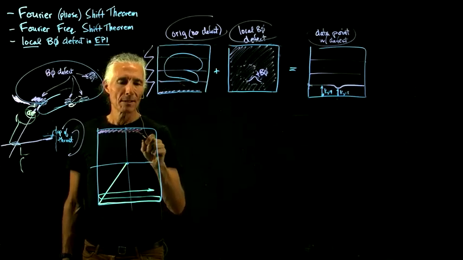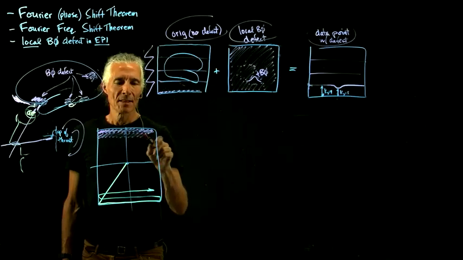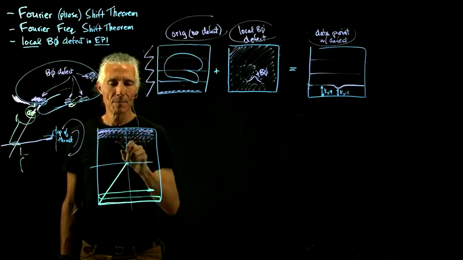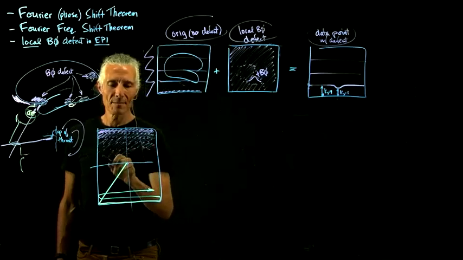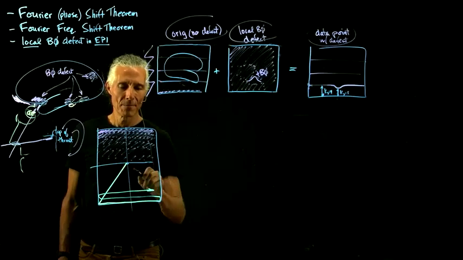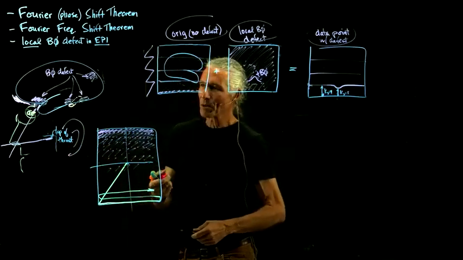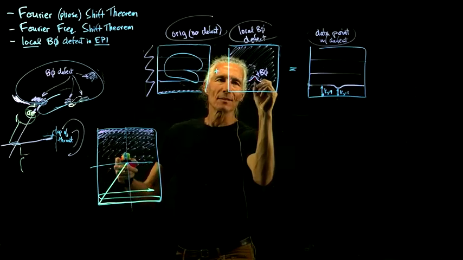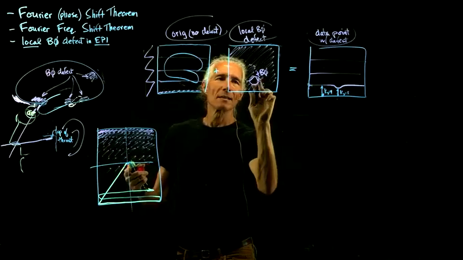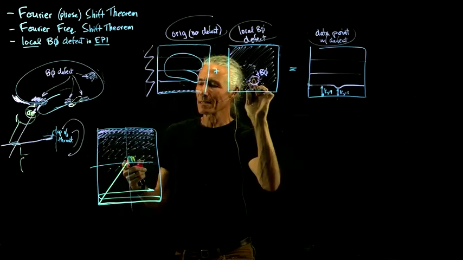And so what's going to happen is we're going to have some phase shift that's bigger up here at the top of K-space than it is at the bottom of K-space. And why is that? Well, because it takes a long time to record this data, and so during that whole time, this little defect is doing its work, and it's slowly advancing the phase more and more for that particular point in space.